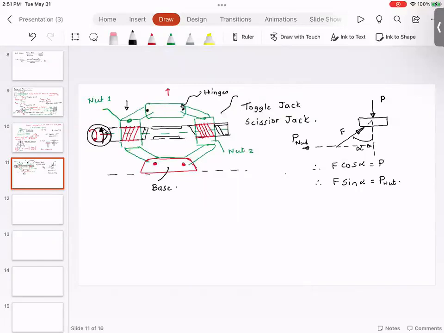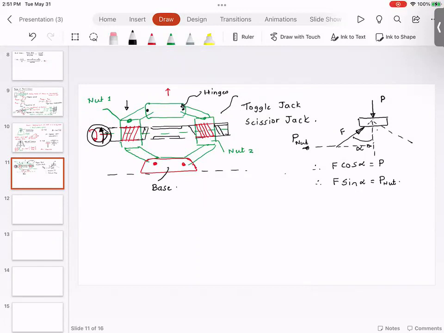And if you look at the way the design is, this P gets divided on both sides. What you have is this load, the load P, gets shared by nut 1 and nut 2.